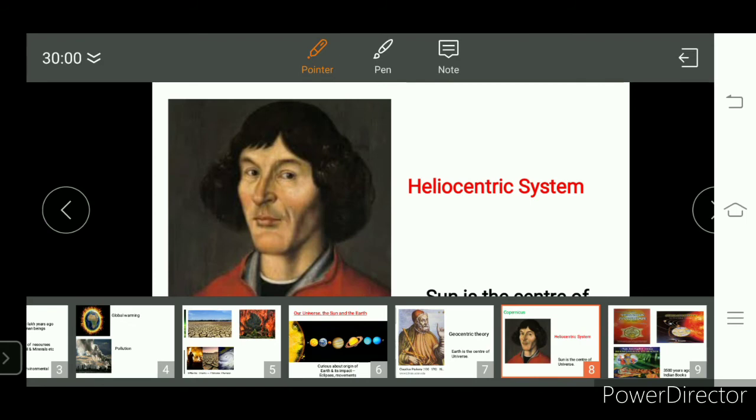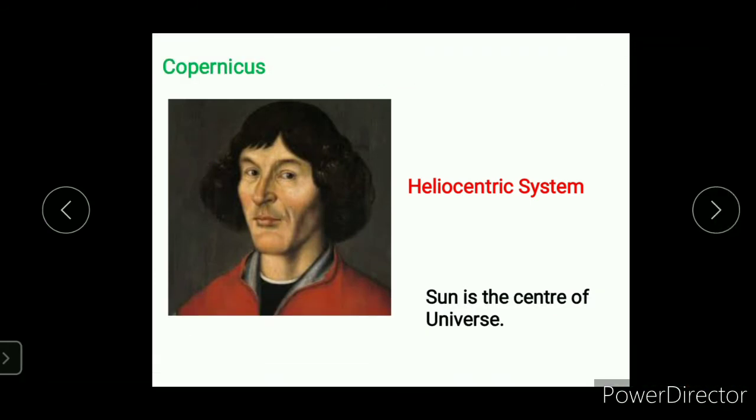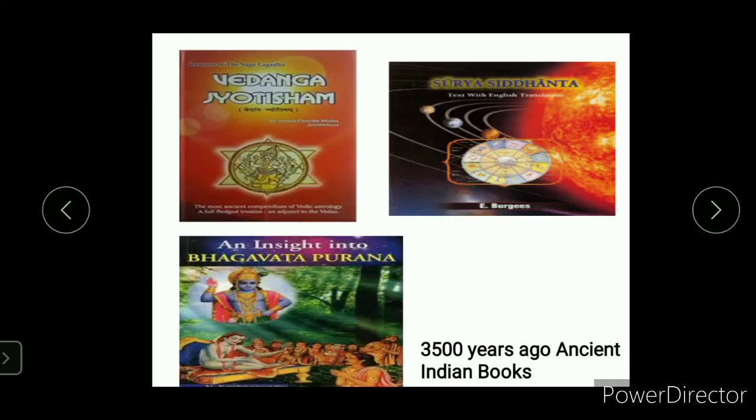Then a very important theory, that is the heliocentric theory proposed by Nicholas Copernicus. That is the right theory, right? And another important point we discussed here, people are curious and noting the movements of the celestial bodies. These 3 points are there in this topic.